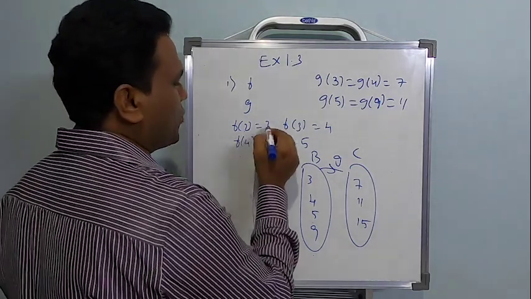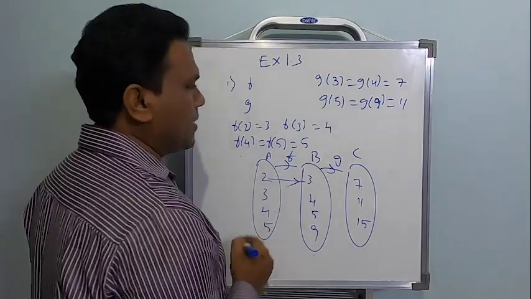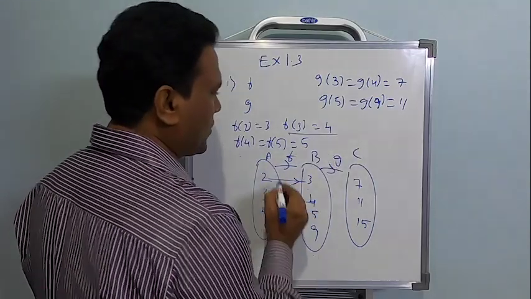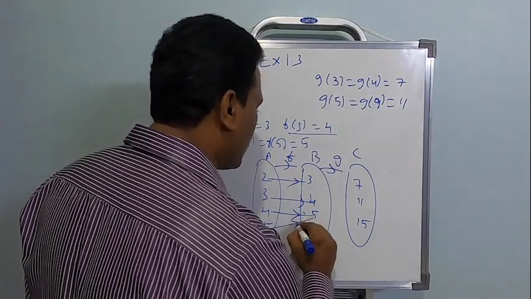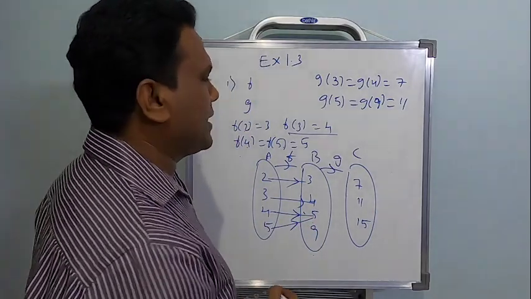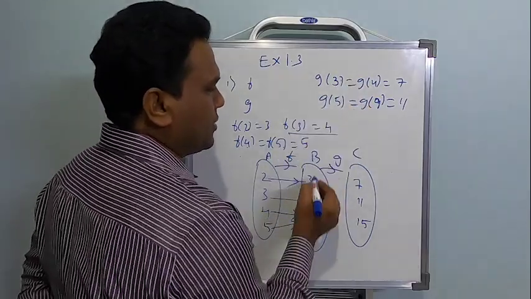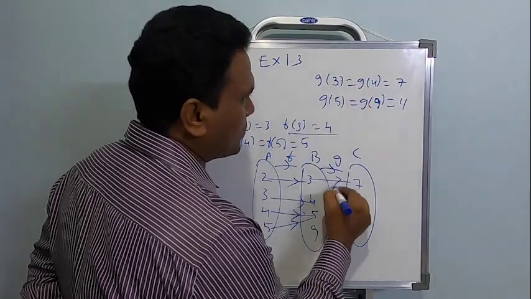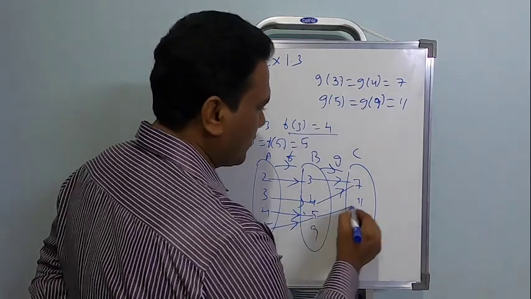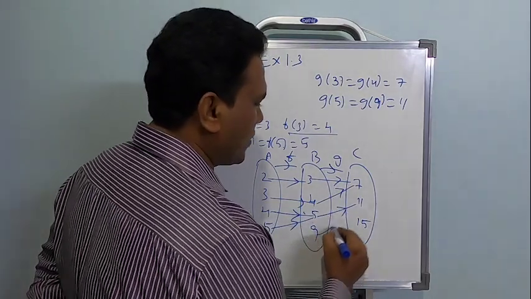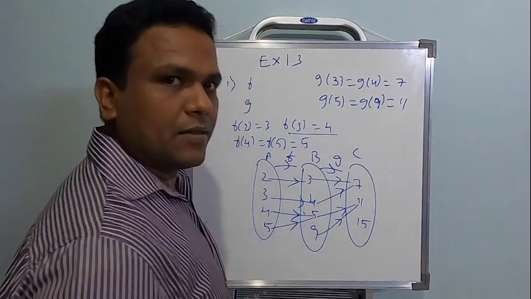Okay, fine. f of 2 equal to 3, f of 3 equal to 4, f of 4 is also 5, f of 5 is also 5. Now just look at the next one, g. Under g, g of 3 will be equal to 7, g of 4 will be equal to 7, g of 5 will be equal to 11, g of 9 will be equal to 11.